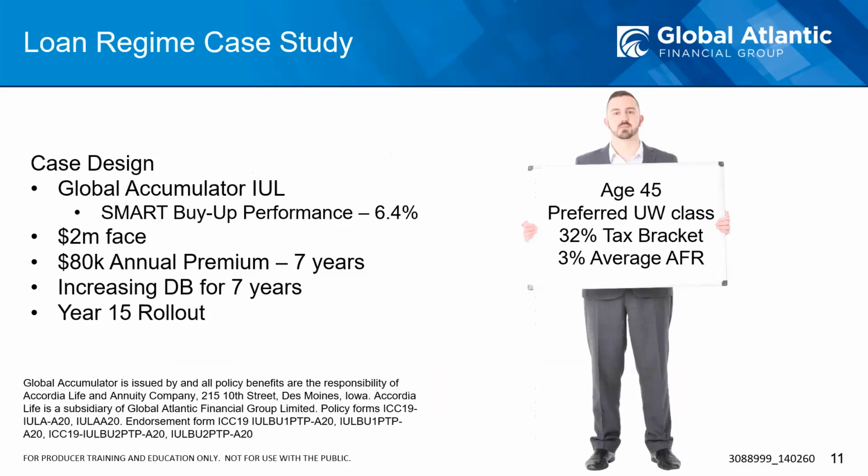But because these plans typically are paid out over 7 years, we're going to increase that loan rate a little bit to 3%. So we're using our global accumulator product here, a $2 million face, $80,000 annual premium, and we're going to roll out in year 15. So Donald, you can go to the next slide.